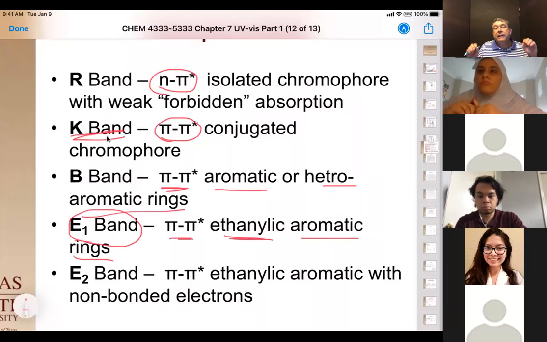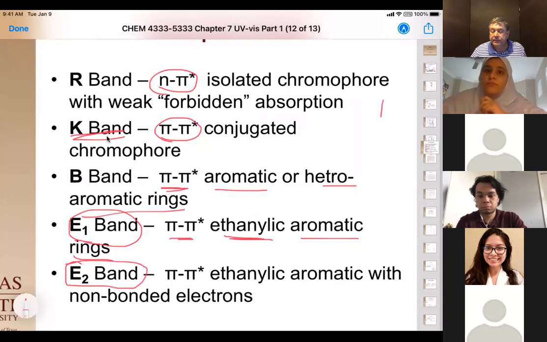But an E2 is actually a pi to pi star transition in an aromatic system. However, there has to be some non-bonded electrons around there. So things that are substituted with oxygen, nitrogen, sulfur, or heterocycles with a lone pair on them. Those are all things that'll give rise to this E2 band. Okay. So those are the different bands.